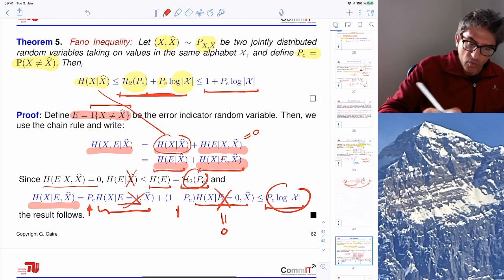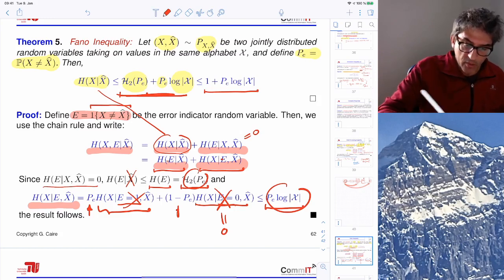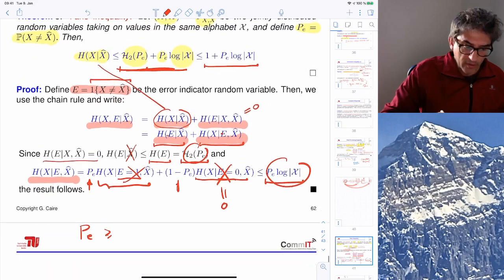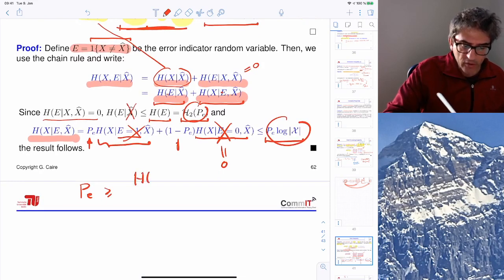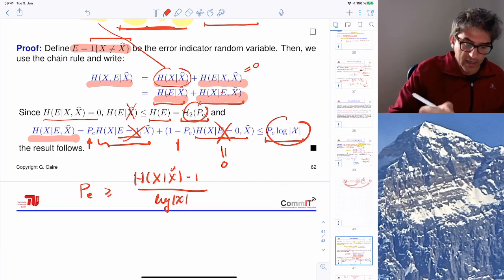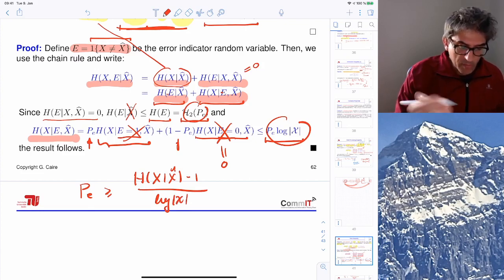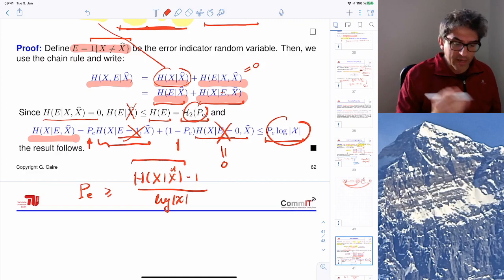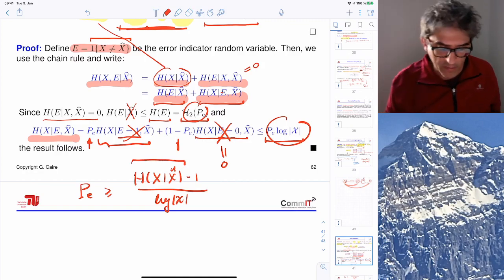Well, we have this lower bound right here, because we can rewrite this inequality as P_E greater or equal to an entropy expression like this, minus 1, divided by the log of the alphabet size. It means that we can find lower bounds, best possible cases, for the probability of error by studying these information theoretic quantities rather than analyzing a specific decision-making algorithm.